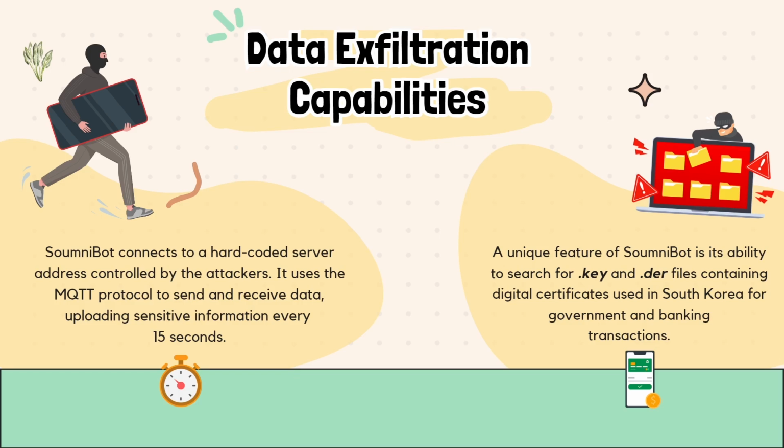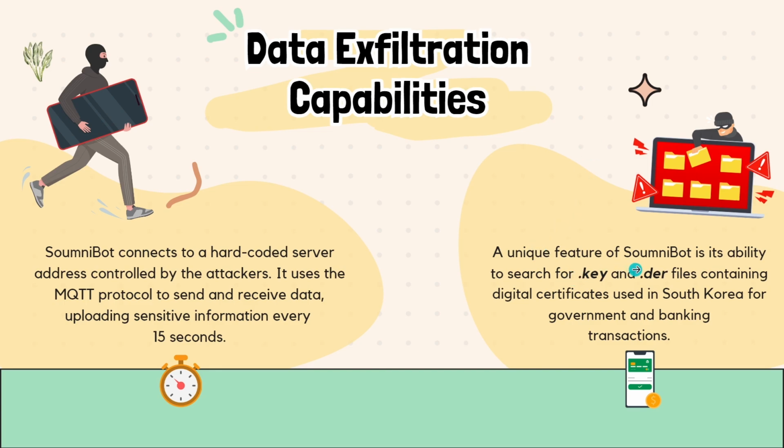SomniBot collects and uploads sensitive information such as device metadata, context lists, photos, and videos at frequent intervals, every 5 seconds. It also exhibits persistence by restarting its malicious services every 16 minutes if terminated, ensuring continued data exfiltration. Additionally, it hides its app icon, making it difficult for the user to uninstall the app.